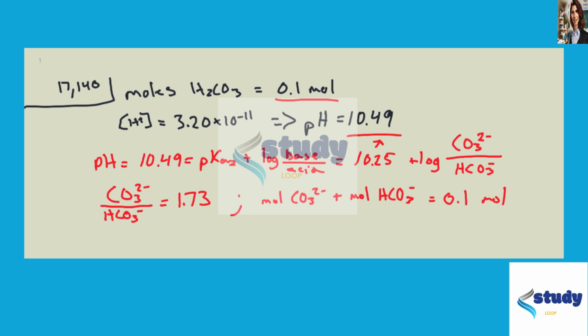So we rearrange this equation here to say that the moles of CO3 2 minus is equal to 1.